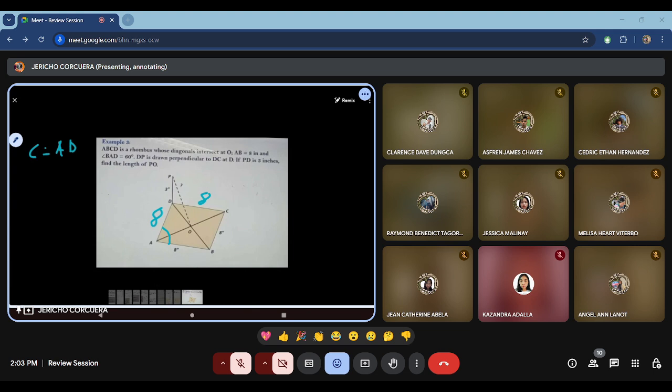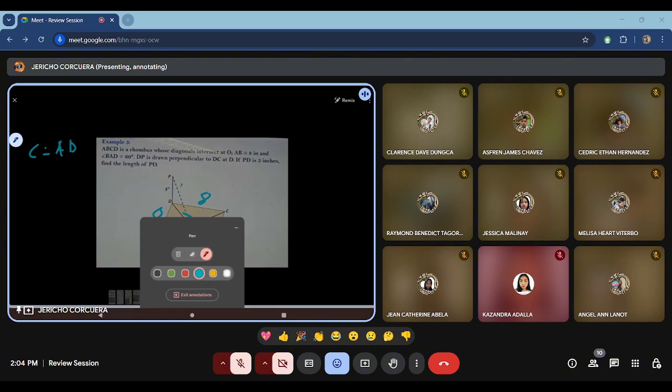And then let's label. We'll first look for this figure here. And we already have 8 as our hypotenuse here. So this is 30 degrees. This is 30 degrees. Hindi na siya maayos.